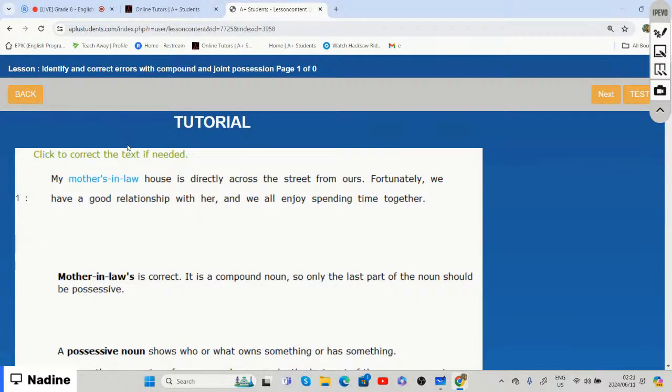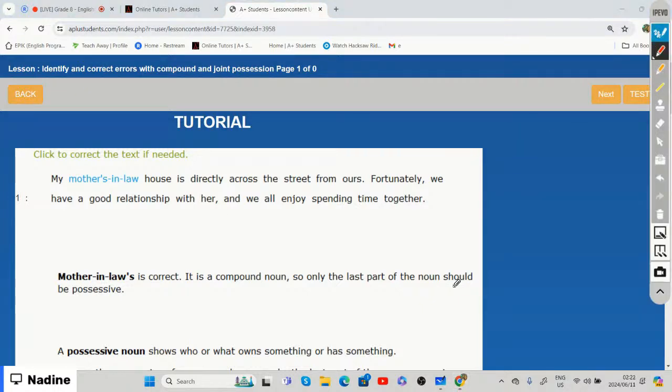So if we were to correct the text by adding the correct possessive noun, then yeah, my mother-in-law. Remember we said that when we have a joined possession or compound possession, then the last word needs to show the possession. So we can then say it is mother-in-law's, right?